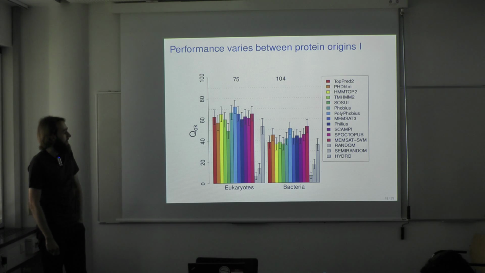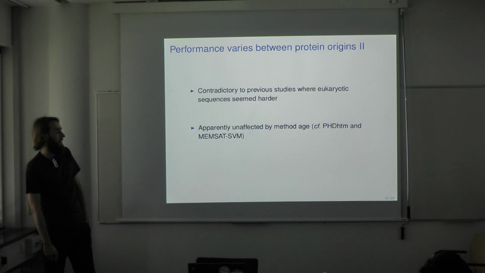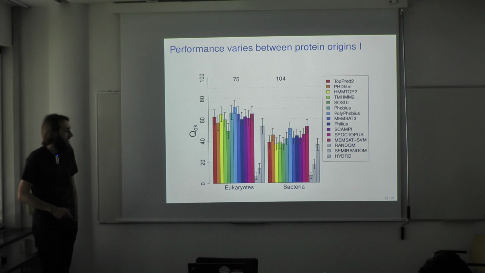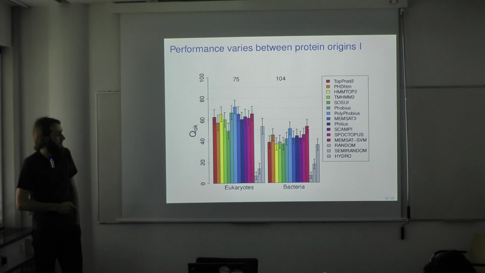And to be fair, I don't have much more to say here. I just want to show you this. So there is a difference, clearly, but I cannot really give you an explanation as to why that is. And I believe, one more final point. In this case, it does not seem to be an effect of how new data you had available, because PhD HTM, which is the orange one, and memset SVM, which is this one, behave almost similarly between the two.